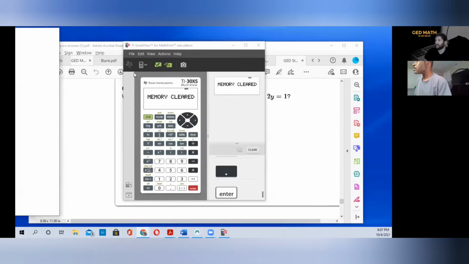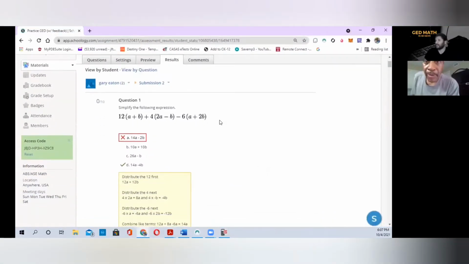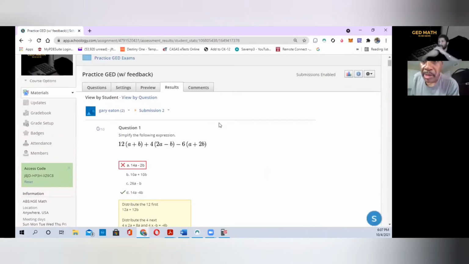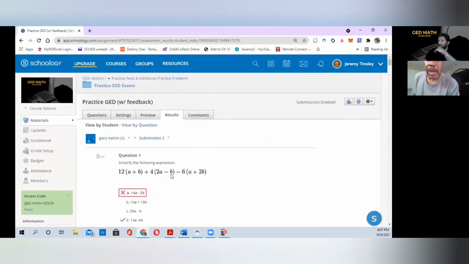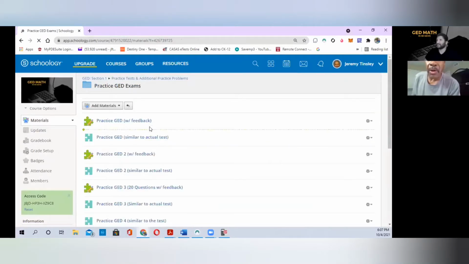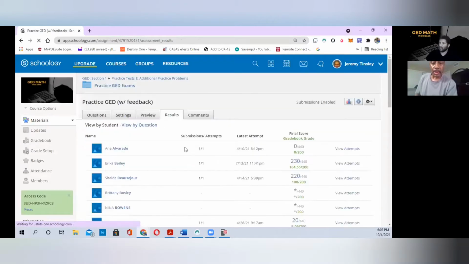Let's see if anybody else had these same problems. Question 19. How about this one here? It's showing you the answer. It showed me what I did wrong on that one. So number 19, what problem was that?